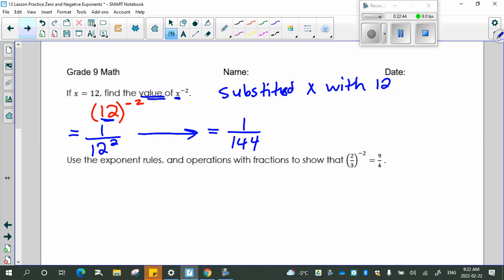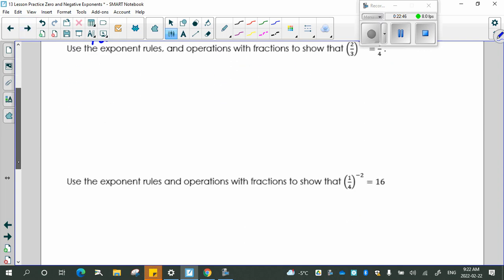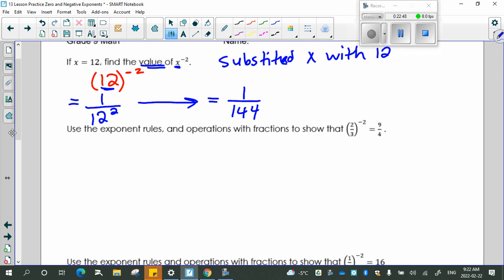Okay. The next one, which is going to be our last one. I'll leave the other one for you to try if you feel confident with it. We're going to use the exponent rules and operations with fractions to show that 2/3 to the negative 2 is 9/4. All right.